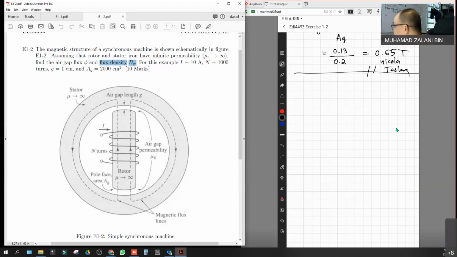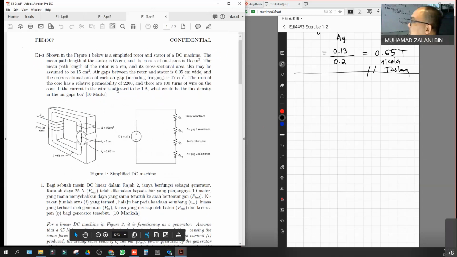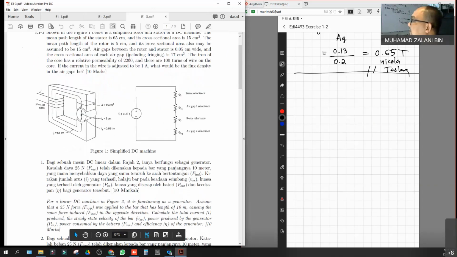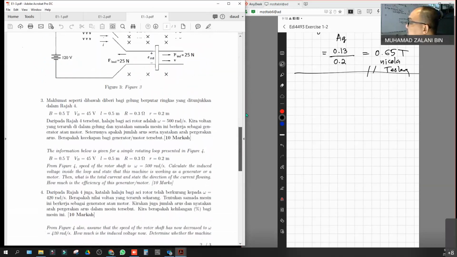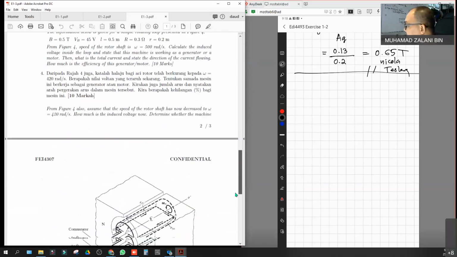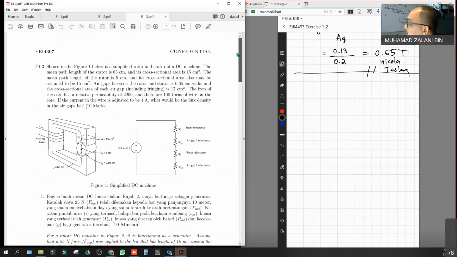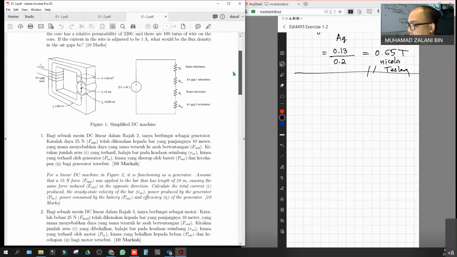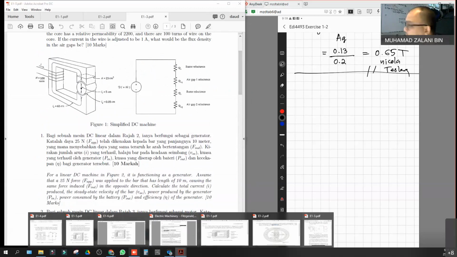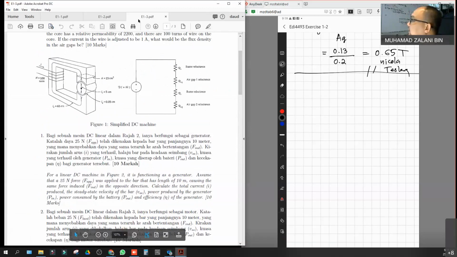So we have finished 1-2. I hope that we can move to 1.3 or E1-3. We already, we didn't discuss it in this session with you guys, but actually I have the answer attached to the Google Sites for E1-3.